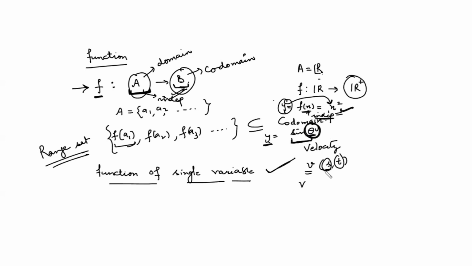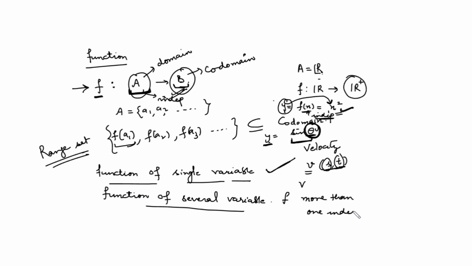And if your function depends on more than one independent variable, then that function is a function of several variables. If it depends on a single independent variable, it is a function of single variable, and if it depends on more than one independent variable, it is a function of several variables.